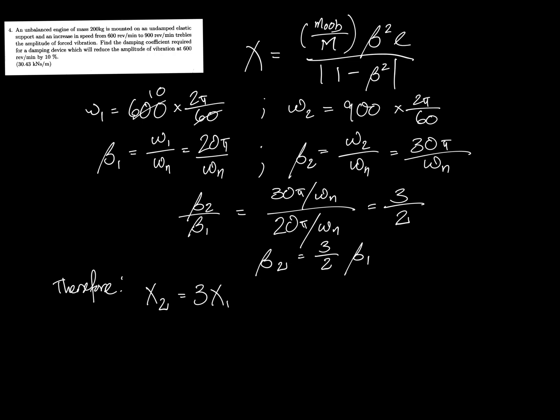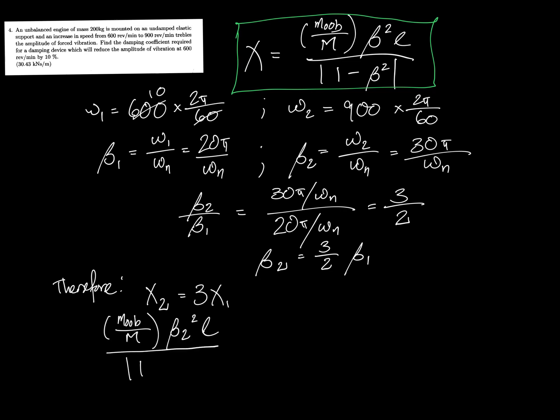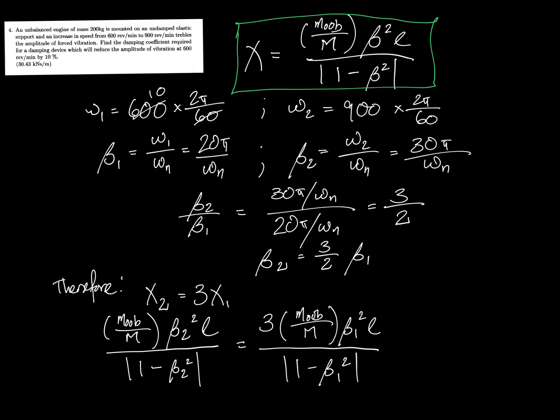So let's substitute our X2 with this equation over here, and we get, let's do some cancellation of terms. So we can cancel this, we can cancel E, and I'm going to rewrite this equation on my next slide.